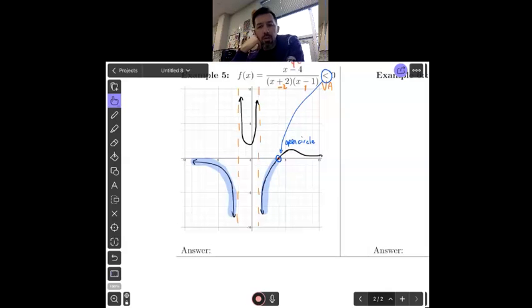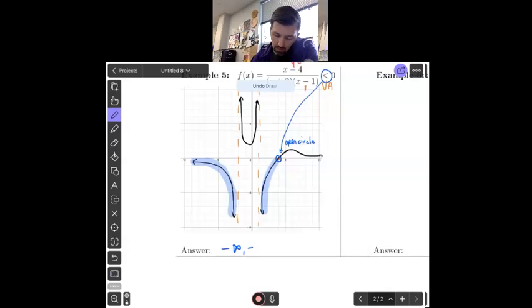You're close, Maddie. So Maddie said negative infinity to -2. So why is that close?